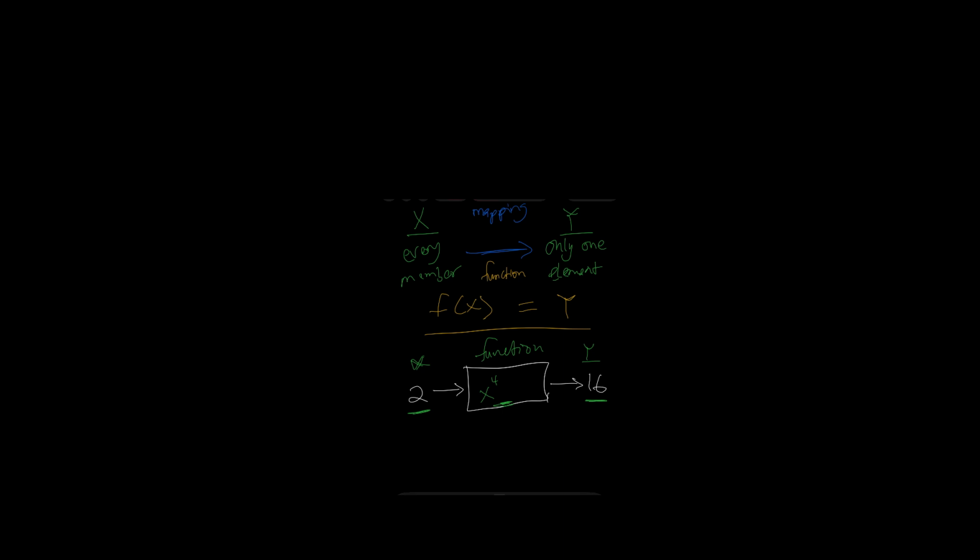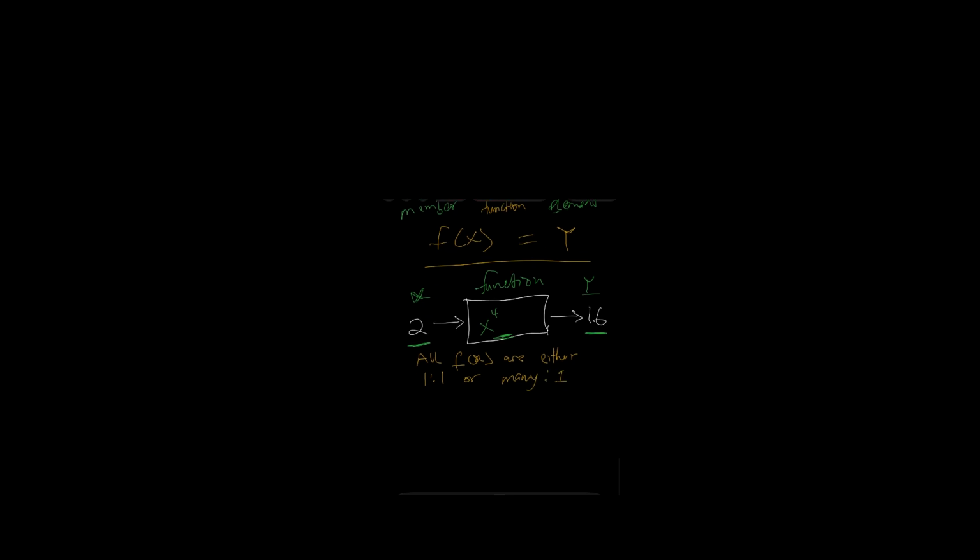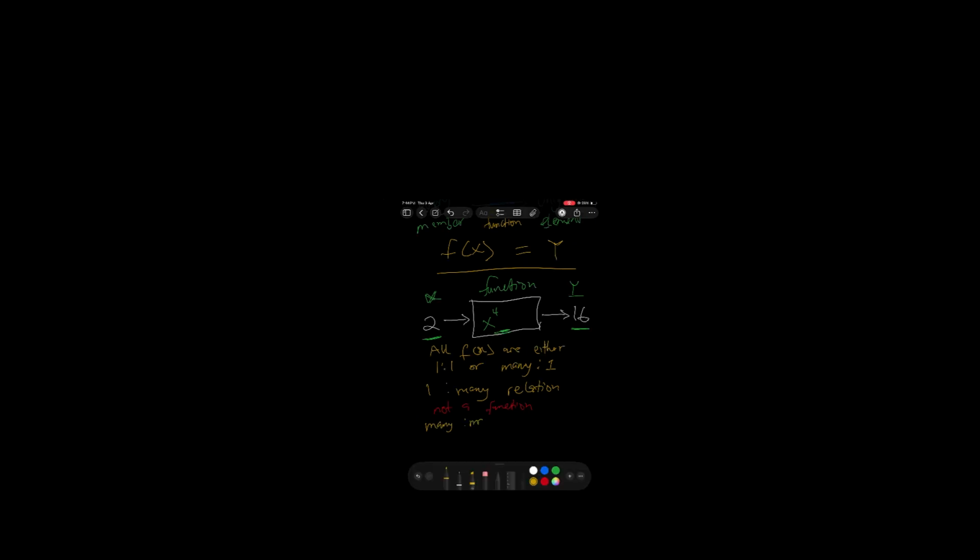By definition, and from what we've done so far, we can tell that all functions are either one-to-one or many-to-one. That means that a one-to-many relation is not a function, and neither is a many-to-many relation.